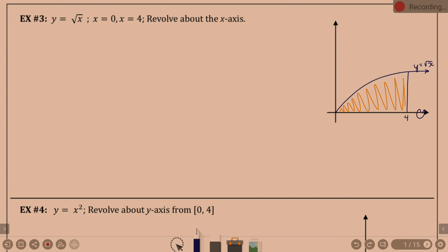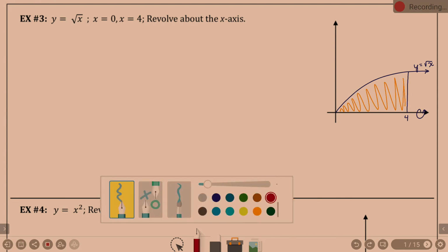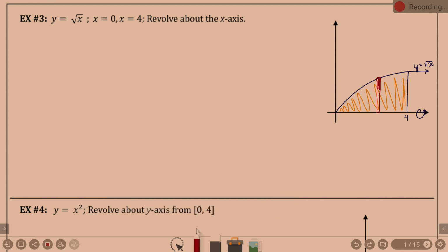With this in mind, since we are revolving about the x-axis, that means we have this little representative rectangle here. I made that a little bit bigger than I probably should have, but that's what's revolving when we're revolving about the x-axis. Because we're revolving about the x-axis, this rectangle is perpendicular to the x-axis. We're going to be working in terms of x's, right?